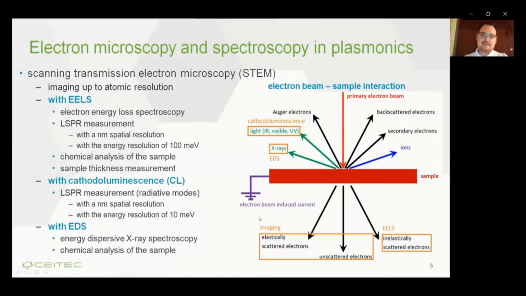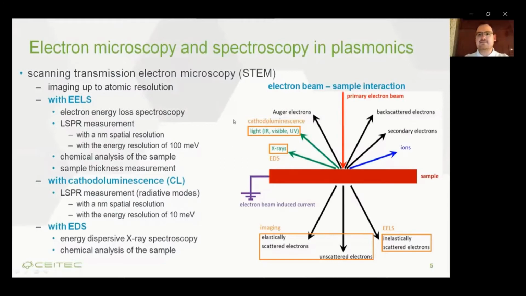Elastically scattered electrons and unscattered electrons can be used for imaging up to atomic resolution. Inelastically scattered electrons are used for electron energy loss spectroscopy, which can be useful for plasmon measurements with a nanometer spatial resolution and with an energy resolution of approximately 100 millielectron volts. Additionally, we can do chemical analysis of the sample, and we can measure the thickness of the sample.